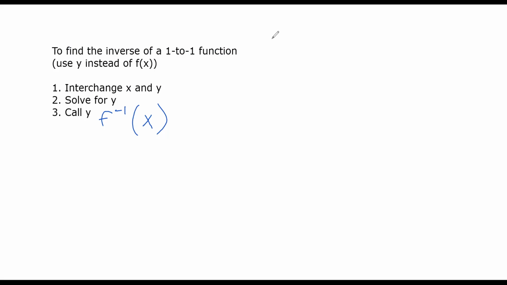So let's start. Let's find the inverse of, let's start with an easy one. Let's say our original function is just 3x minus 5.